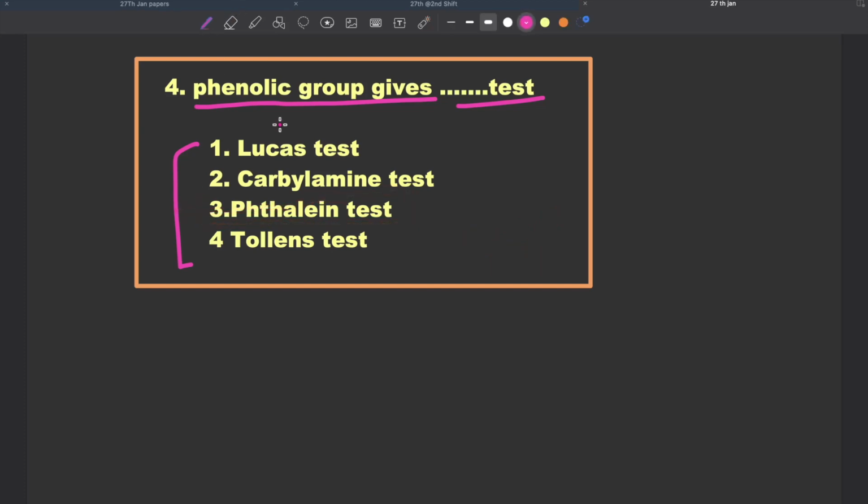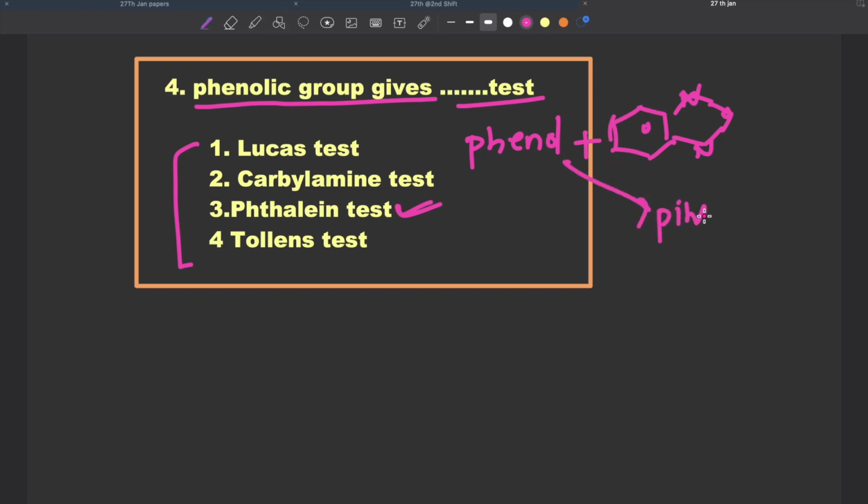In this test, phenol reacts with phthalic anhydride. This is the phthalic anhydride. It reacts with the phthalic anhydride and produces a pink color.